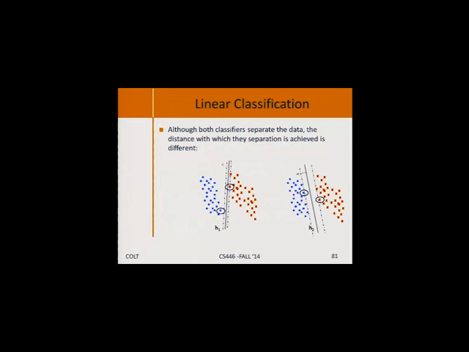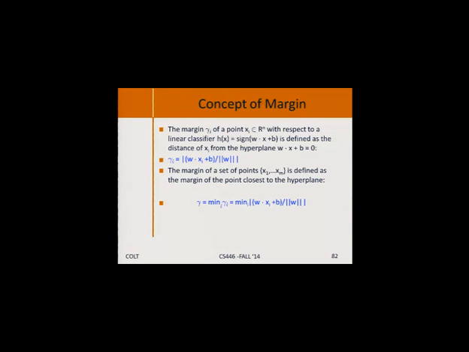In order to distinguish between them, we need to go back to this notion of margin that we discussed before, and I'm illustrating it here. So basically, we look at the extreme points, and we see how far they are from the linear separators. More formally, we've already seen that the margin gamma_i of a point x_i relative to this linear classifier sign(w·x + b) is defined as the distance of x_i from the linear hyperplane, which is written here, right?